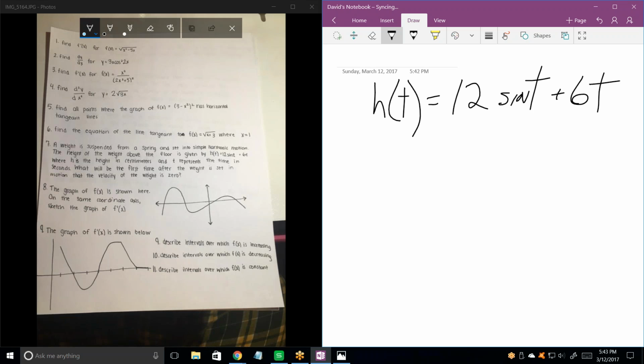What will the first time after the weight is set in motion that the velocity of the weight is 0?